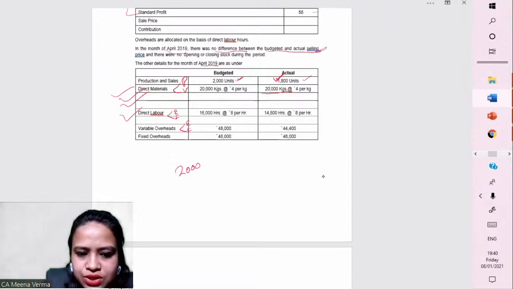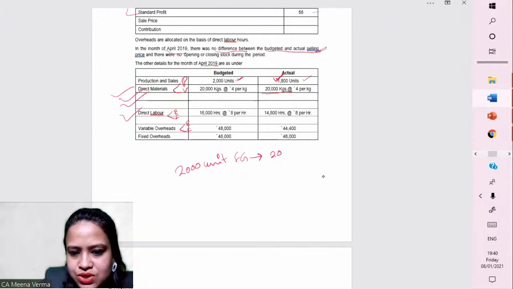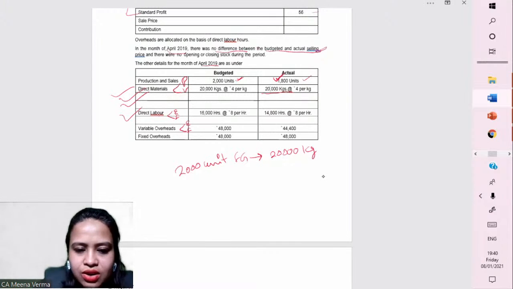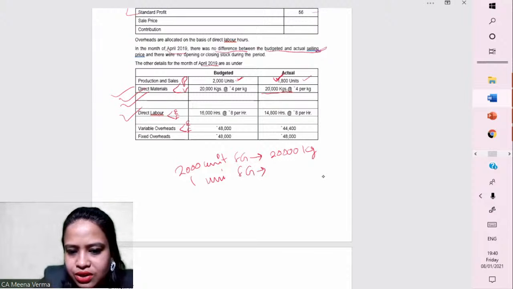For 2000 units of finished good, you need 20,000 kg of raw material. For 1 unit of finished good, you need 20,000 divided by 2000 kg of raw material.